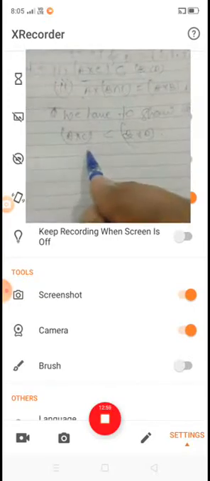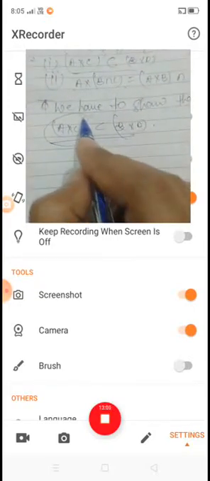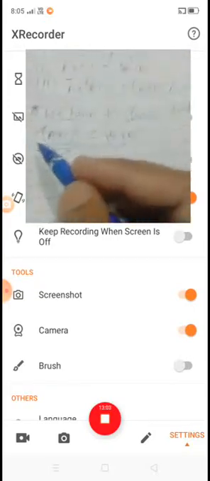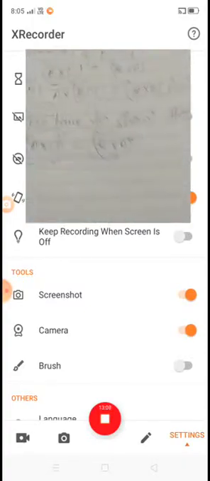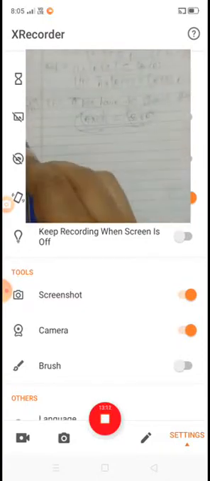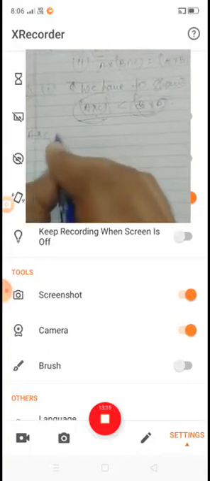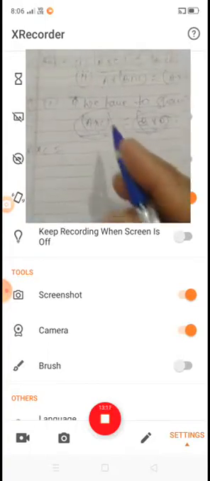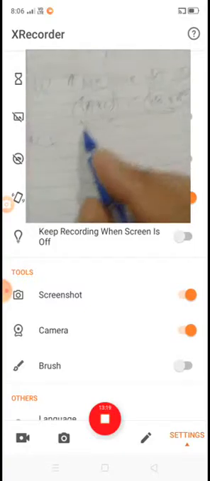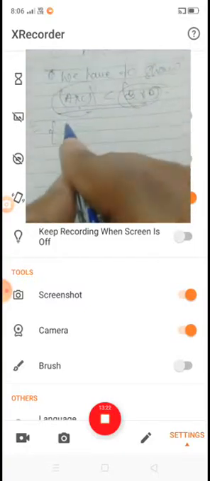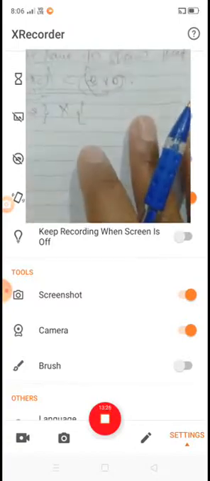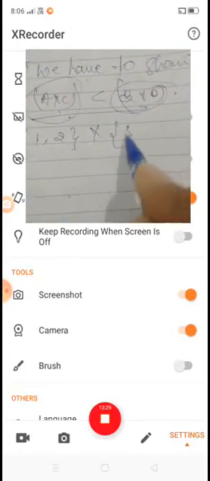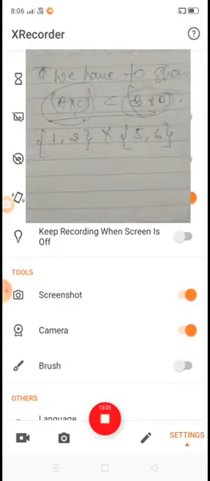Okay, for that, first of all we find the value of A cross C, the Cartesian product of sets A and C. Then we find the Cartesian product of sets B and D. First, A cross C. The value of set A is 1, 2, cross, the value of set C is 5, 6.